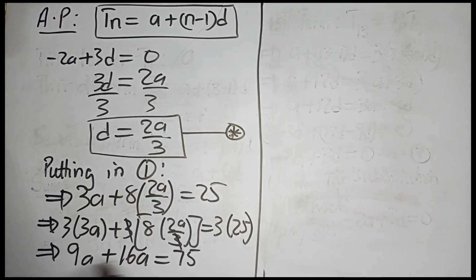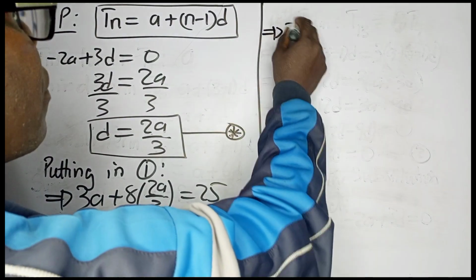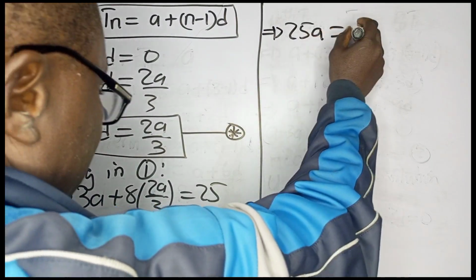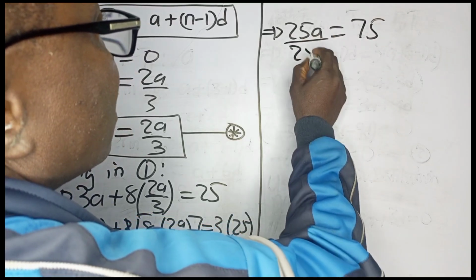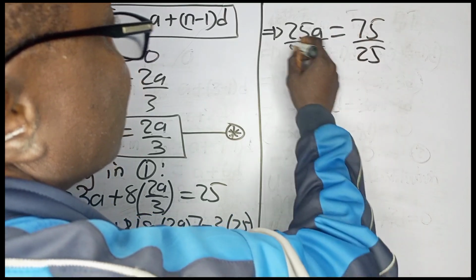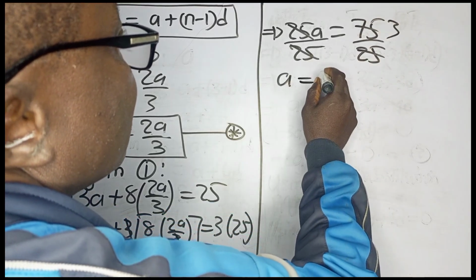So 9a plus 16a gives us 25a. So we have 25a is equal to 75. To get a, we divide both sides by 25. 25 cancels 25, here 3. So the value of a is 3.